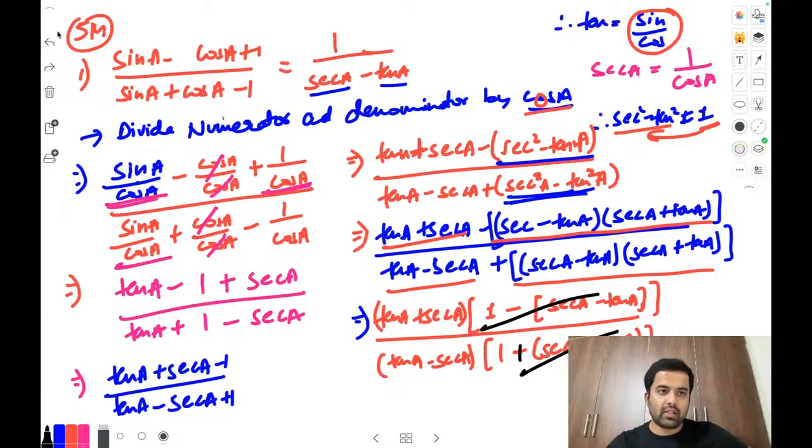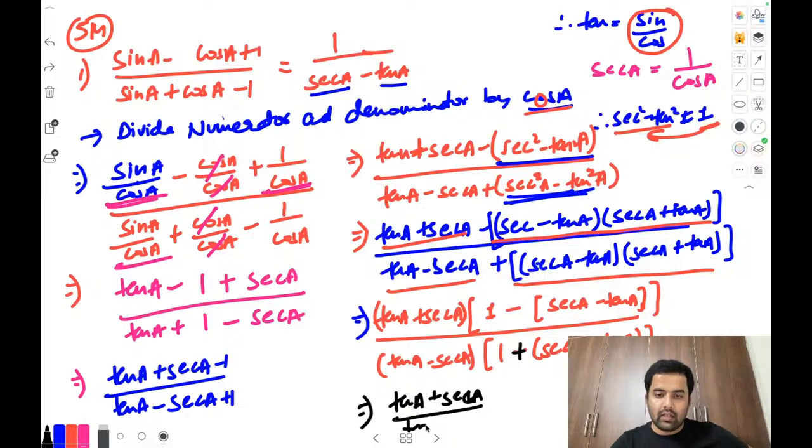Wait a minute, just 2 minutes. Let me just multiply inside. We don't have space also here. Tan A plus sec A, tan A. Is it visible? It is not visible now, that side. How to figure out then?